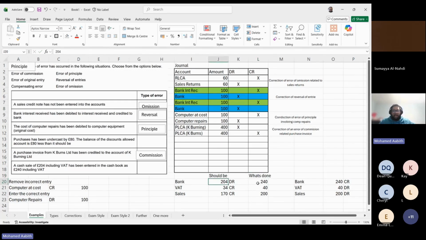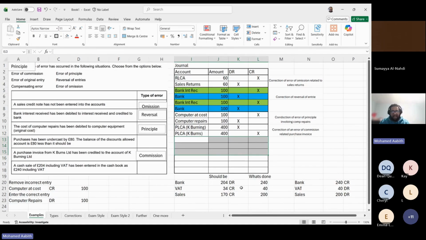Here, this amount we need to remove by doing this entry. Once we've done that, you'll be able to enter the new entry of this amount into the journal. But I'm going to show you most likely the one they're going to give you in the exam. In the exam, they will probably give you this method here.